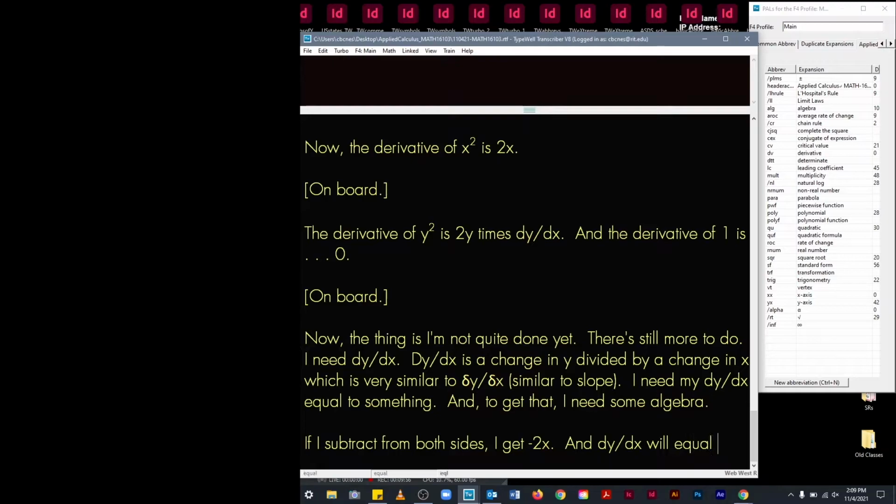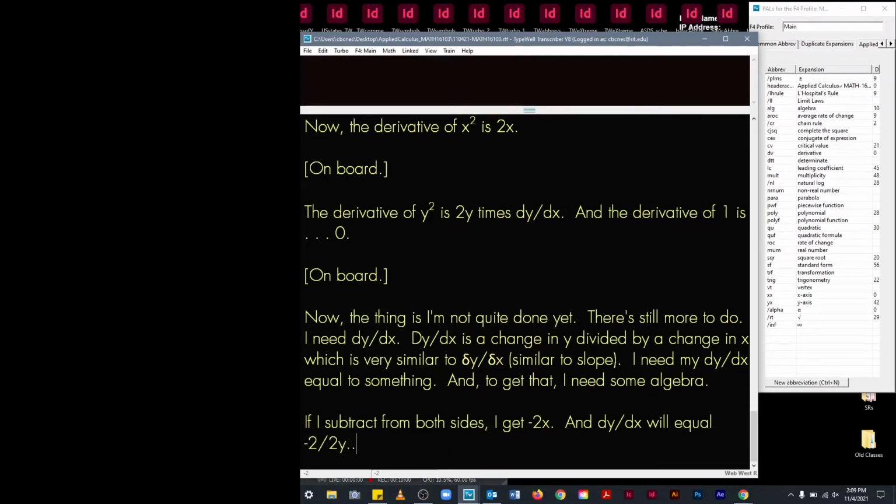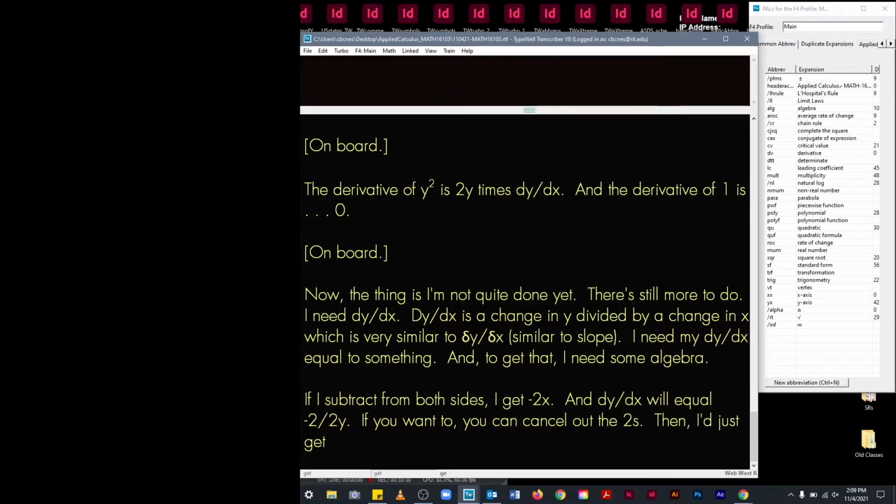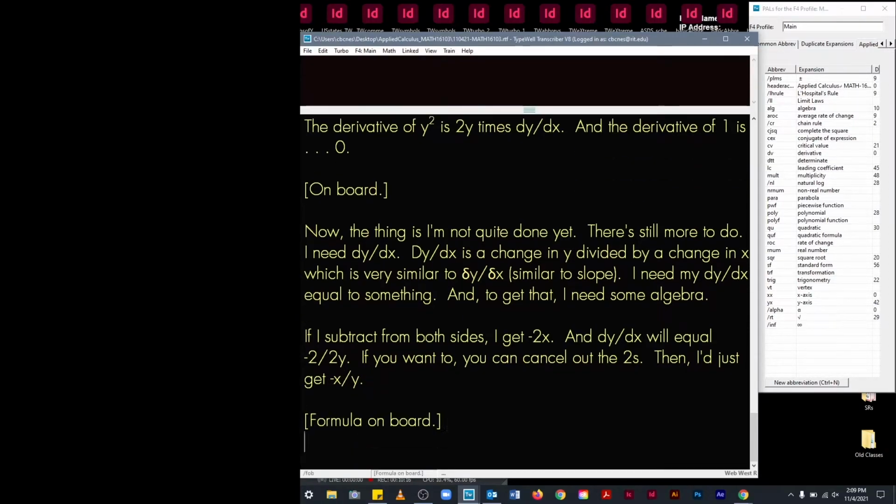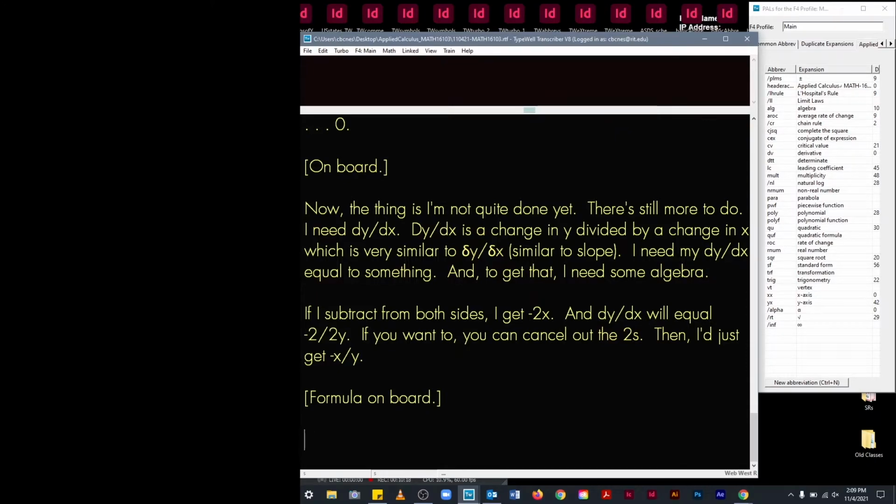If you want to, you can cancel out the 2's, and I just get negative x over y. So far, so good?